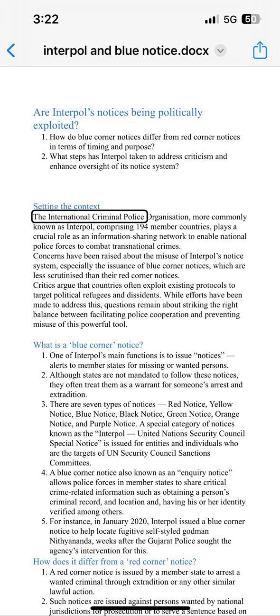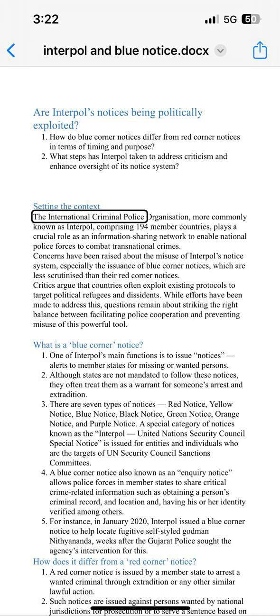What is the blue color notice? It is the notice through which a country can seek information about the person who has committed a crime: his identity, location, and criminal antecedents in the criminal investigation. So the affected country can write to the Interpol for seeking such information, right?